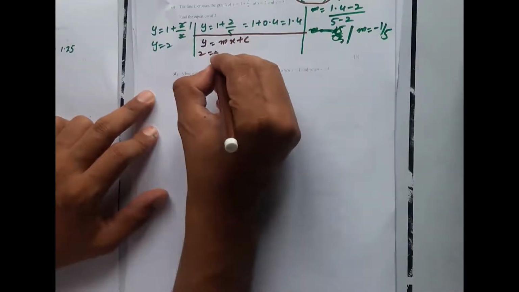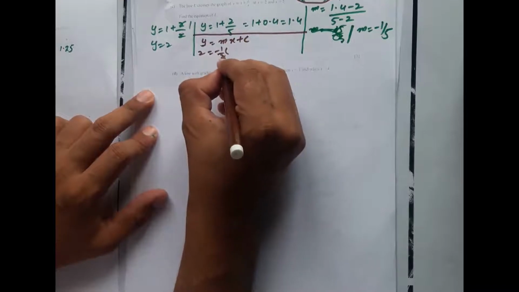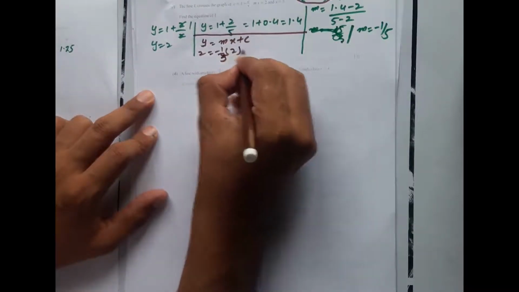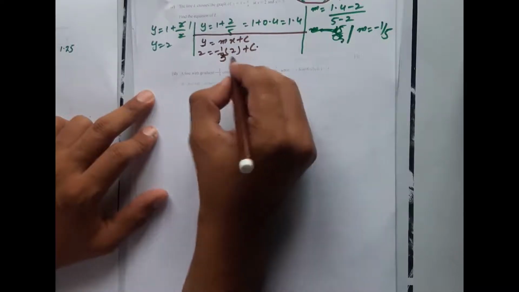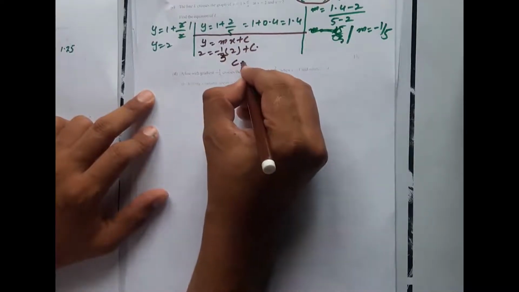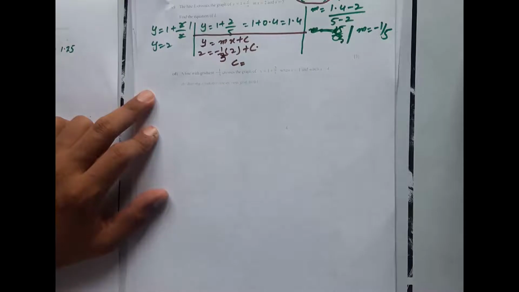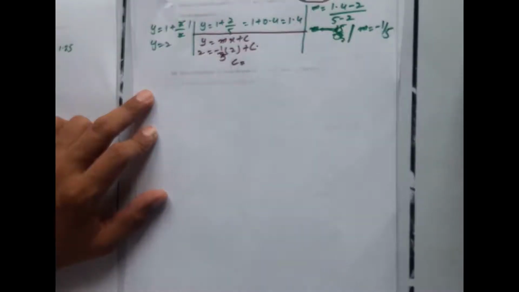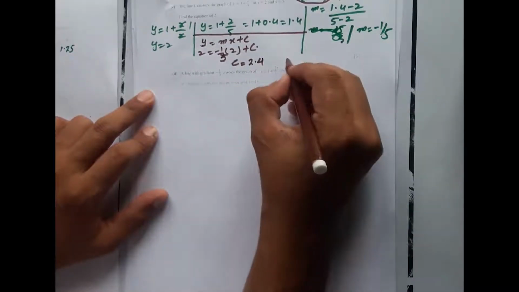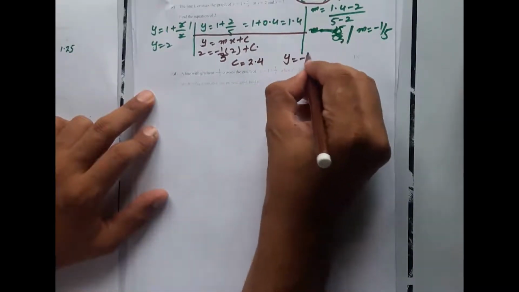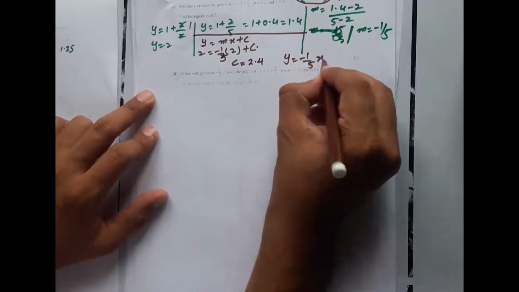Y is equal to 2, x is equal to 2. 2 is equal to minus 1 over 5 into 2 plus c. We can simplify it, so c will become 2.4. So the final equation will be y is equal to minus 1 over 5 x plus 2.4.